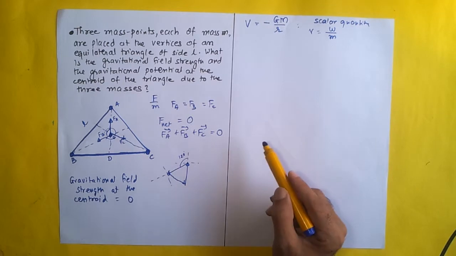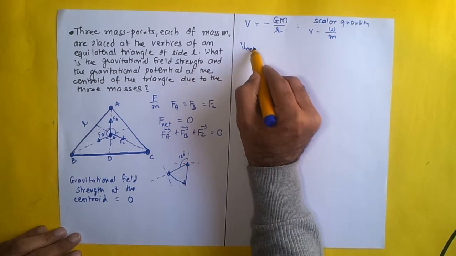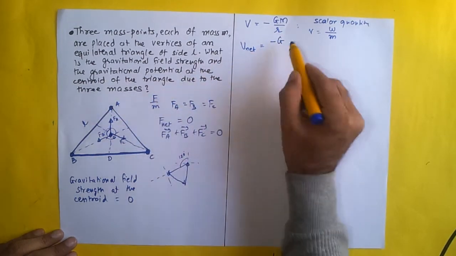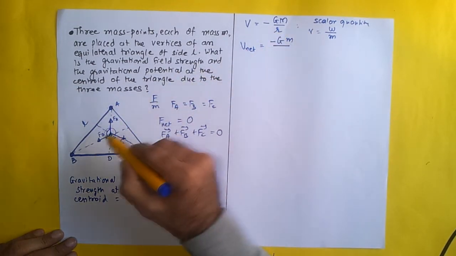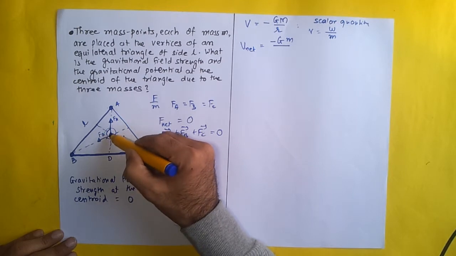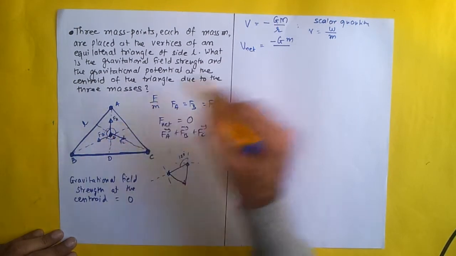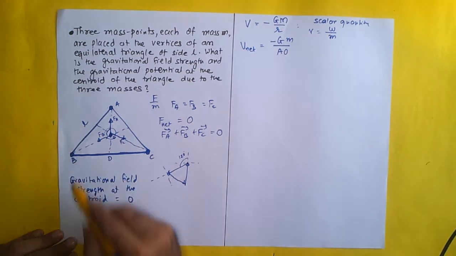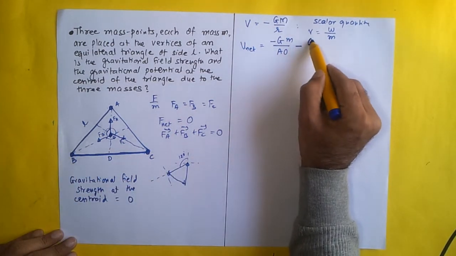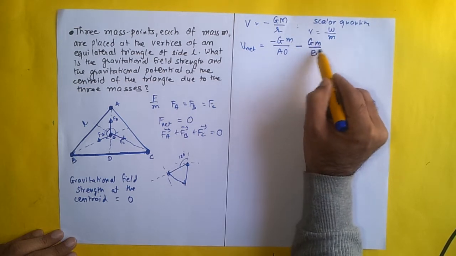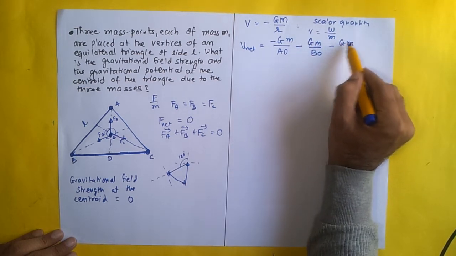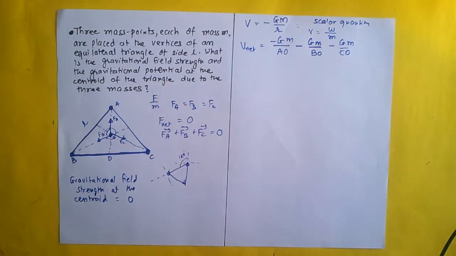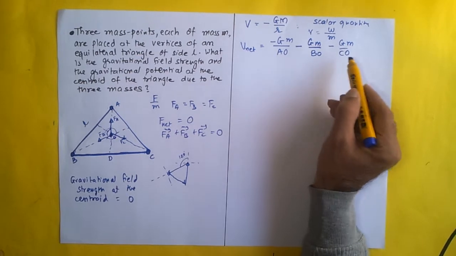Therefore, V net will be equal to minus G, the mass is M, so I'll write M over here, upon the distance from the centroid, from this point where we want to calculate gravitational potential, which is AO. To that, I will add the gravitational potential because of mass B, which will be again minus Gm upon BO, minus Gm upon CO. So this will be the net gravitational potential at this location. Now I need to find AO, BO and CO.